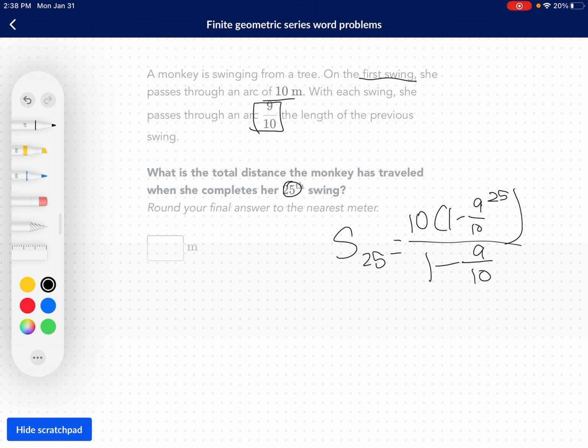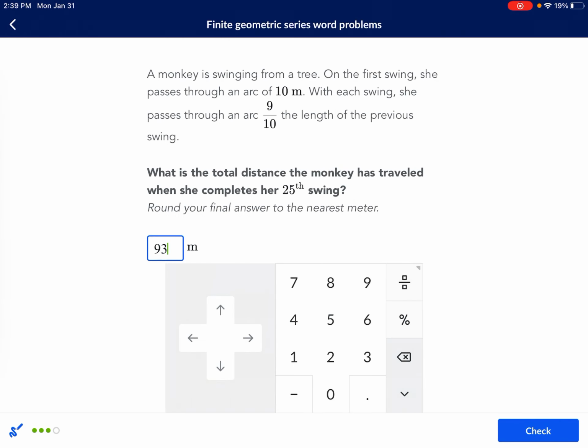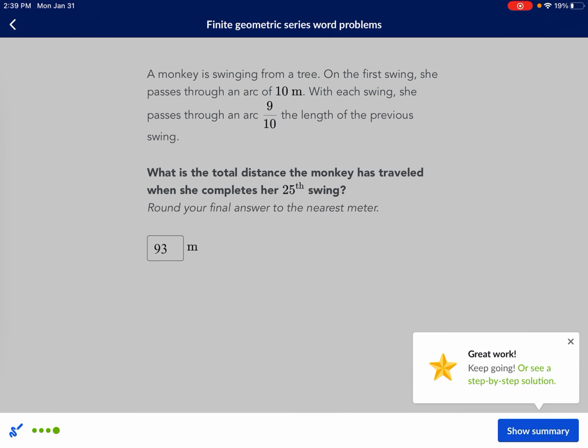I'll evaluate this in the calculator. 10, open parentheses, 1 minus 9/10, to the 25th power, all over 0.1. This is 92.8 as the sum of 25 terms. Round to the nearest meter is 93 meters.